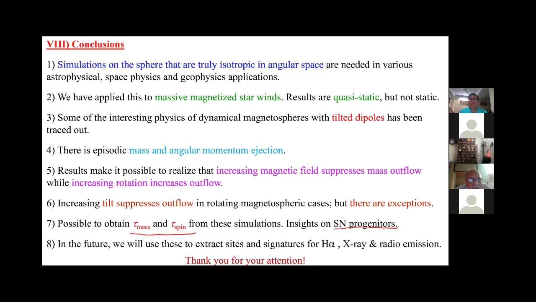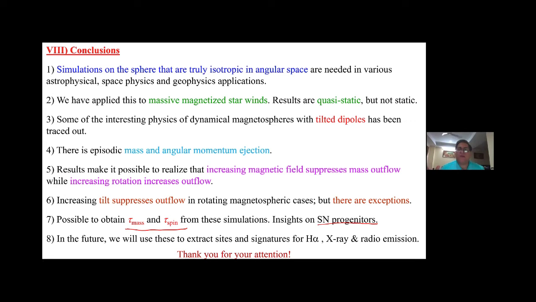Our interstellar medium has about 80% by mass of hydrogen, about 19 to 20% by mass of helium, and about 1% by mass of other heavier elements.